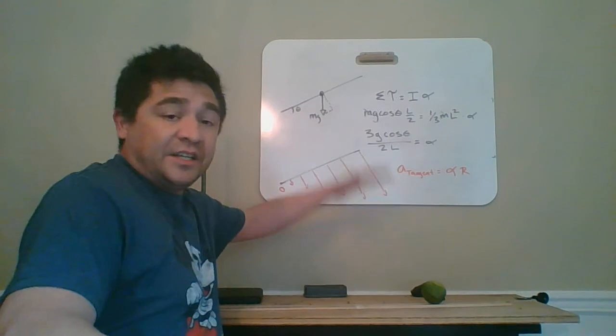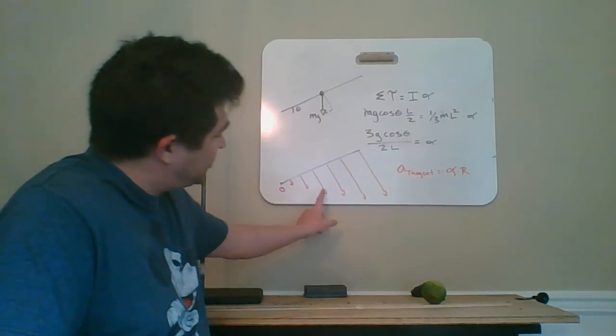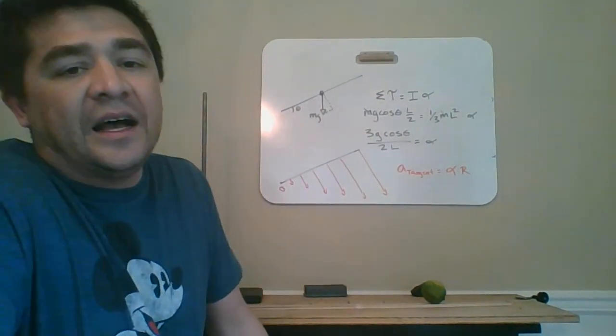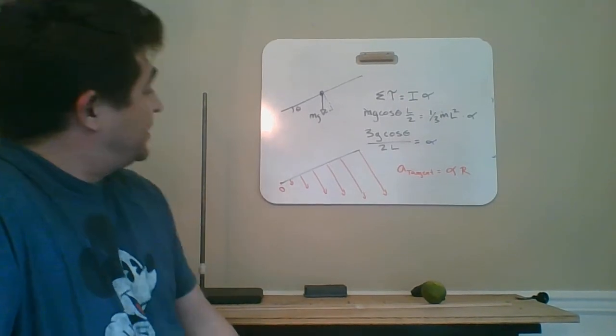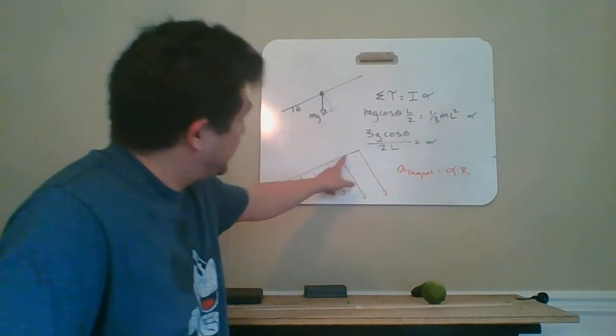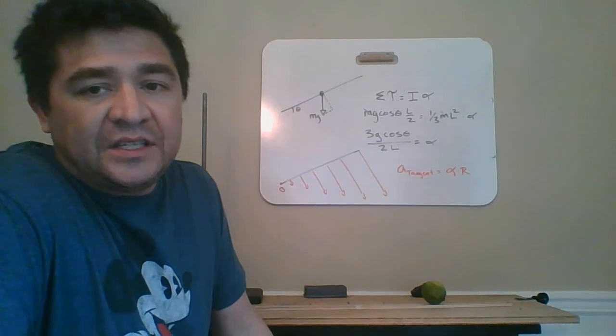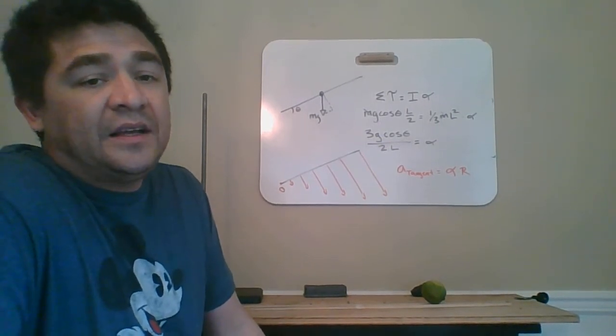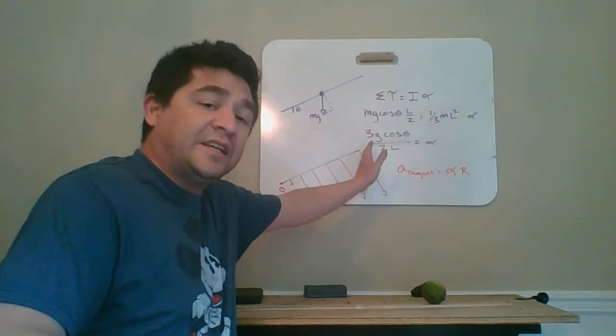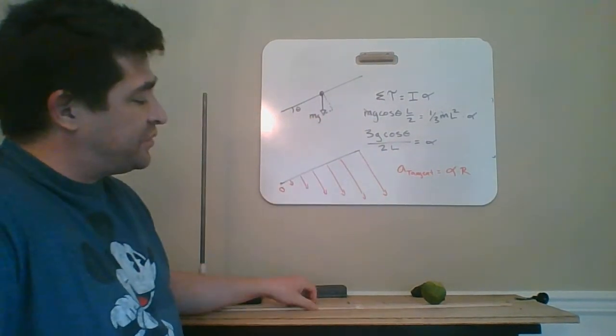So angular acceleration is the same everywhere, but the tangential acceleration grows as we go further from the pivot point, which means there's some point where the tangential acceleration is greater than 9.8, and for any point past that on the stick, objects will fall off the stick when released from rest.